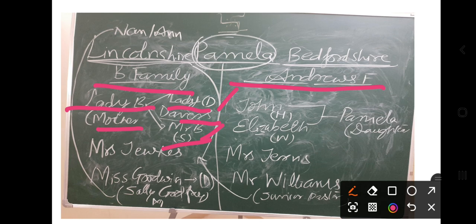Second is the Andrews family. Who is in the Andrews family? John Andrews and Elizabeth Andrews, husband and wife, and they have one daughter, Pamela Andrews, right? So these are the two families, and the places are Lincolnshire and Bedfordshire.